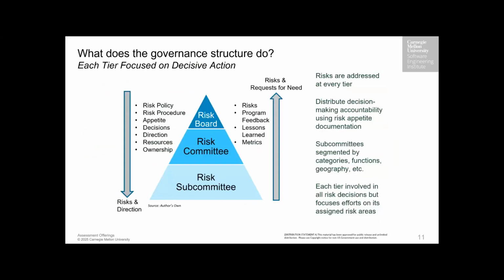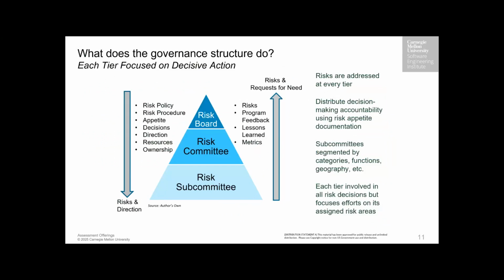And more importantly, I'm going to go to the next slide, what are the actions that they take where they're actually making impactful decisions and they're pressing those decisions down the organization, and what kind of information they're expecting to receive from the organization. And I call these communication paths, which are represented by the gray arrows on each side of this pyramid, for example.